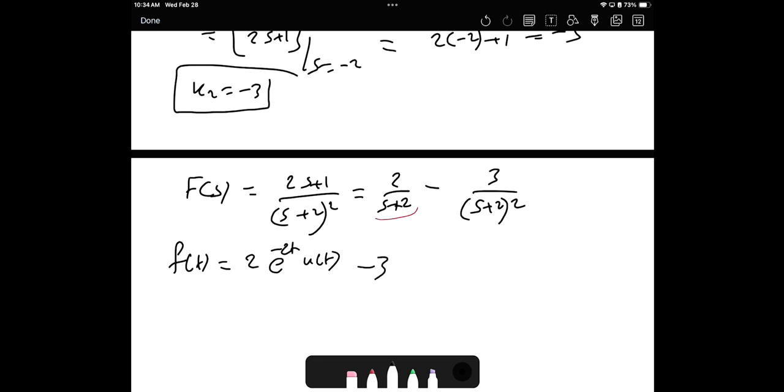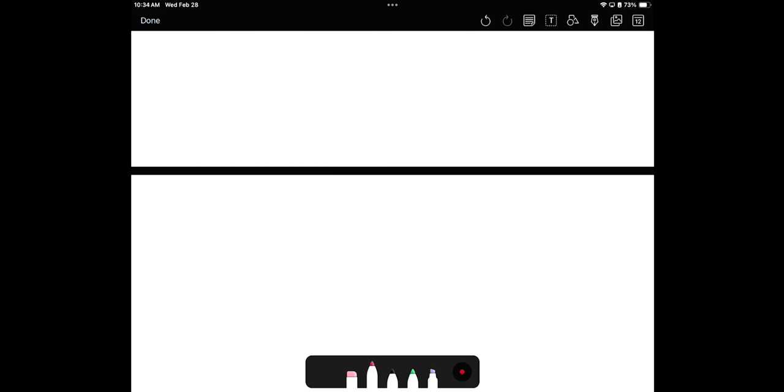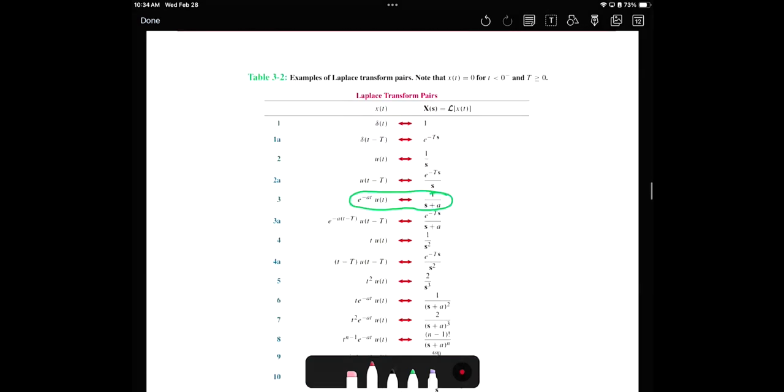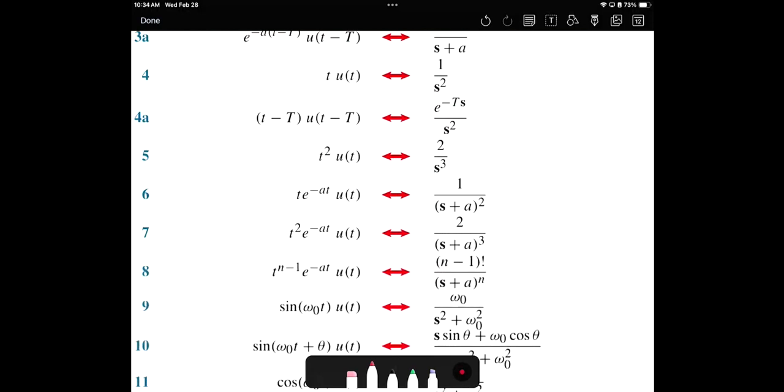How about the Laplace transformation of this one? Go to the table and find if there is (s plus a) squared. Here is the table. Look where is (s plus a) squared. You will see that it is t e power negative a t u of t.